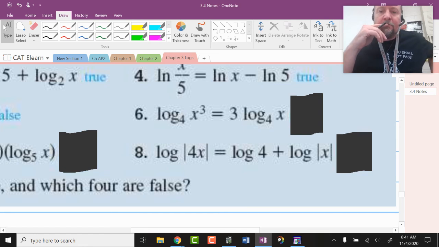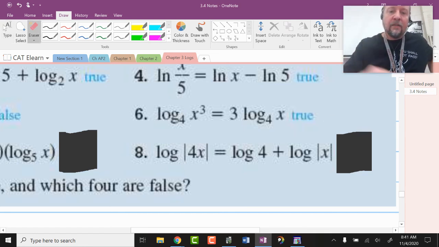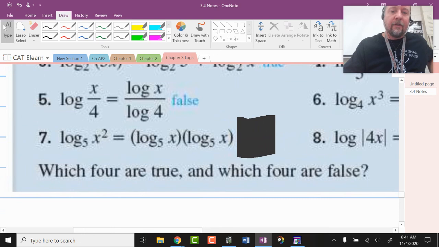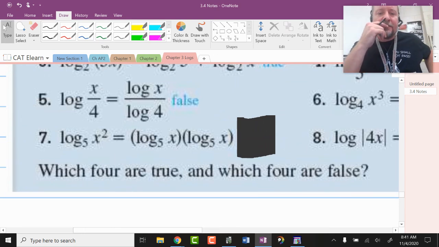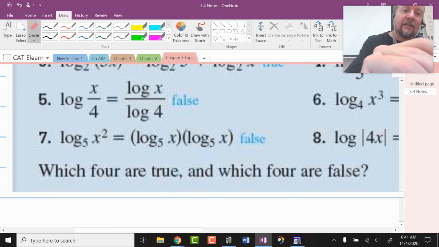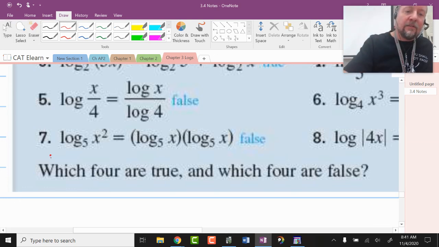Next. And the answer is that's a rule. That's one of the basic rules that we have. Okay, pull that exponent out in front and you're good to go. Ooh, interesting. Okay. And the answer is false. What this is equal to is 2 log base 5 of x.